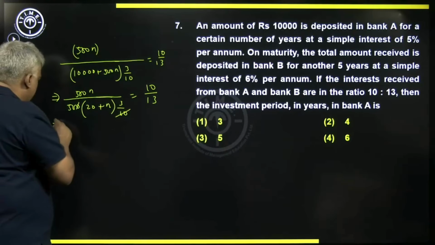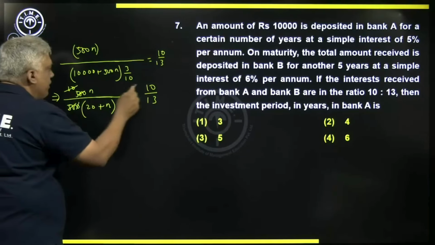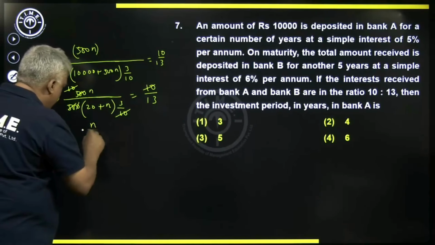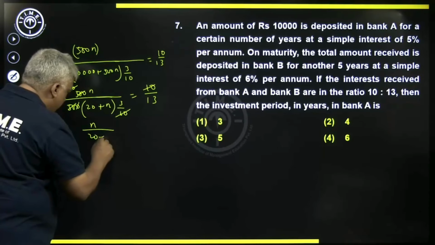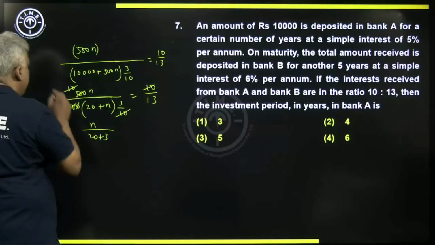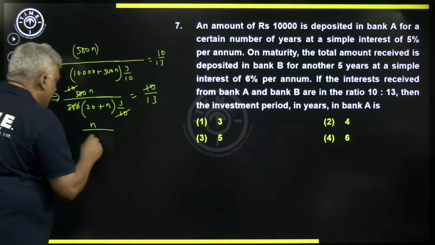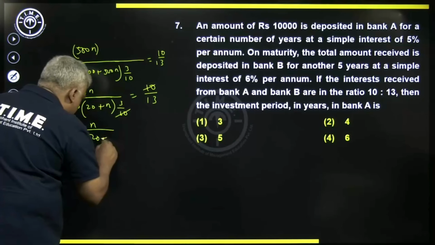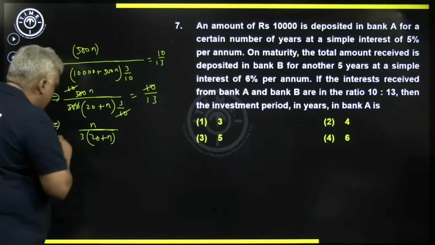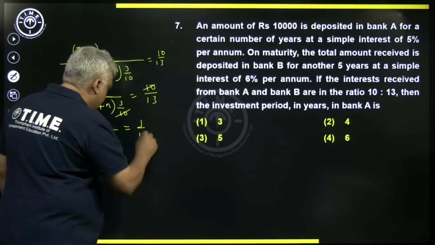Now, we can cancel this 50 with this 10 times, and this 10 will also get cancelled. So, basically we got n by (20 plus n) into 3 is equal to 1 by 13.